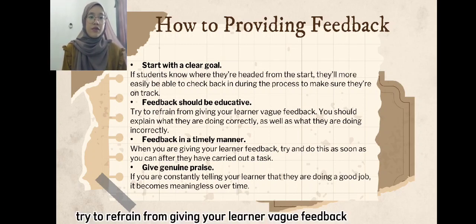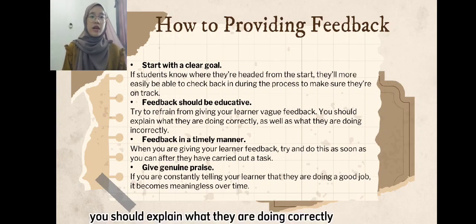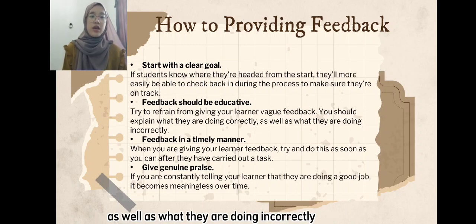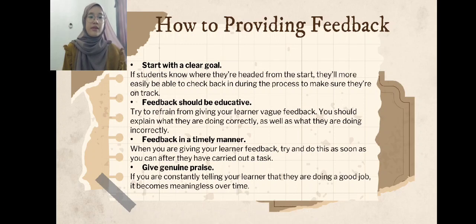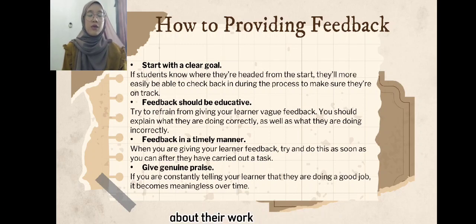Next, feedback should be educative. Try to refrain from giving your learner fake feedback. You should explain what they are doing correctly, as well as what they are doing incorrectly. It's also a good idea to provide examples as to what is accurate and inaccurate about their work.